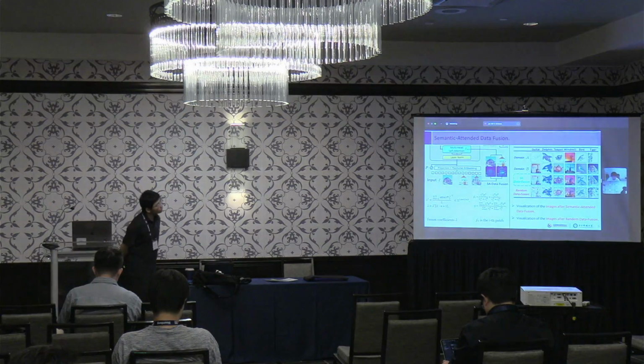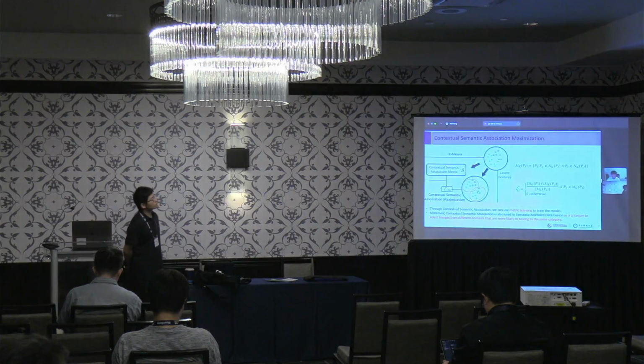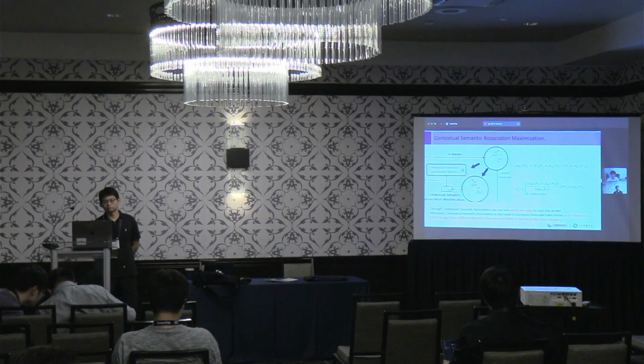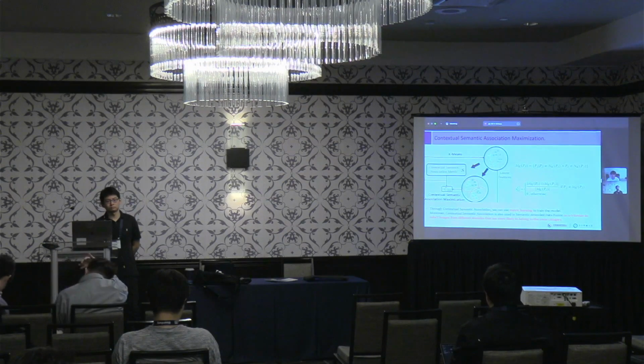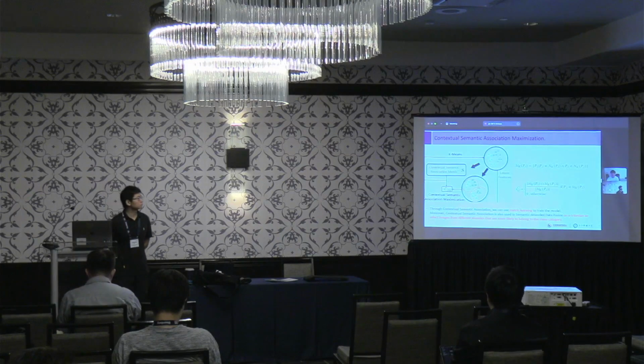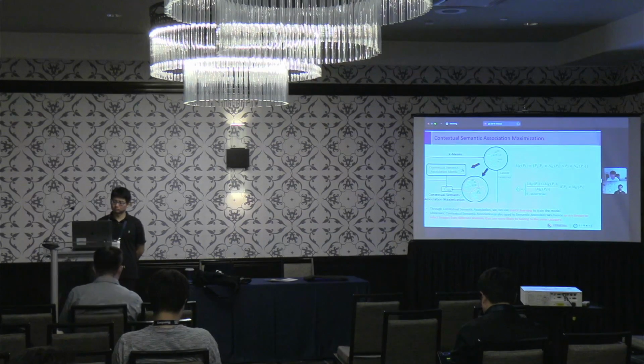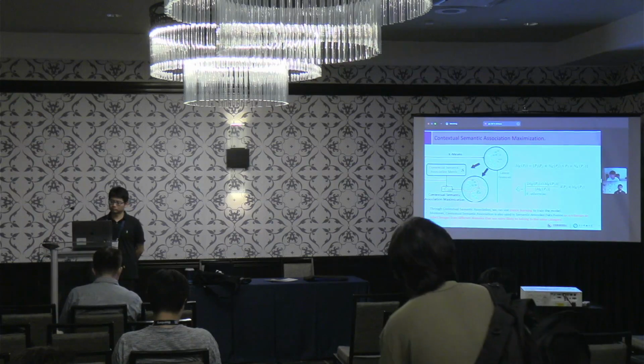The second part is contextual semantic association maximization. We train the model with contrastive learning, including instance discrimination and clustering, to learn semantics. However, simple intra-domain and intra-class contrastive learning can only help the model make a rough judgment of the semantics based on the distance between instances.